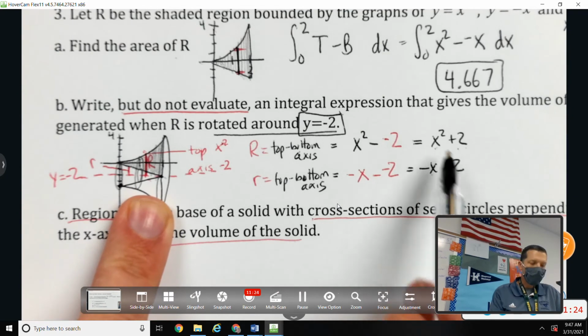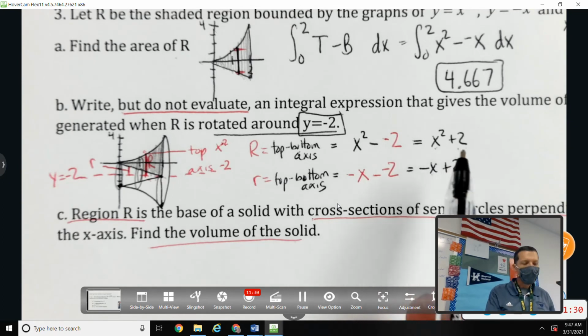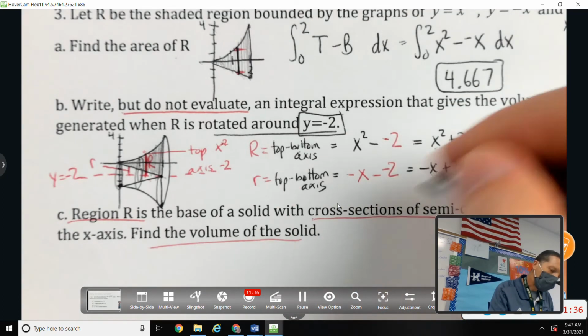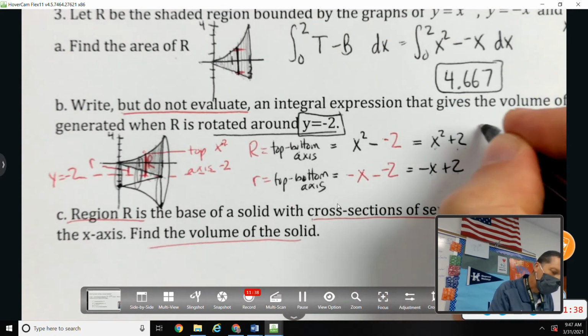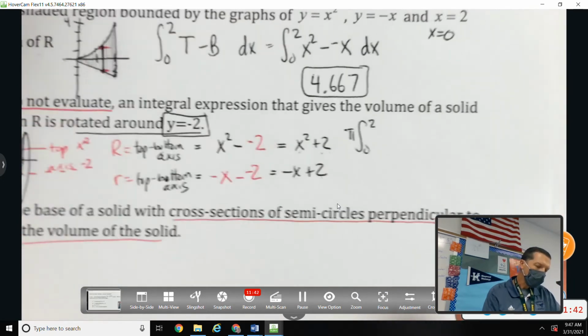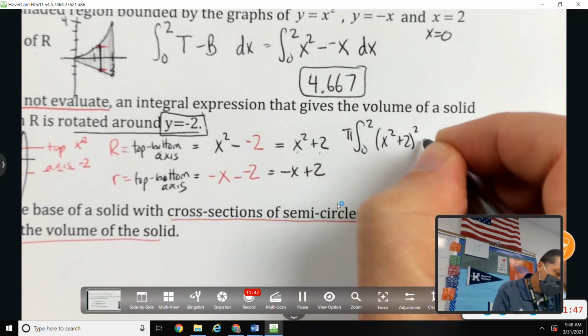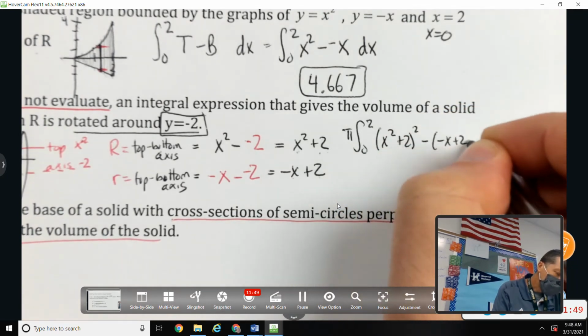So if you're not sure about big R and little r, and that is the heart of the problem, the trickiest part of all of these, check the endpoints and see if they make sense. I know you can take it from there. That's why we slowed down on this part. So pi, 0 to 2, big R squared minus little r squared.